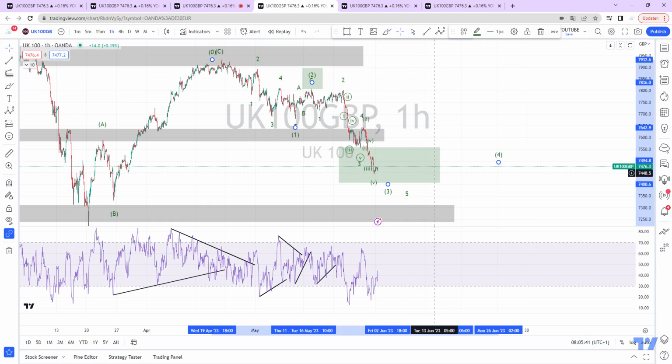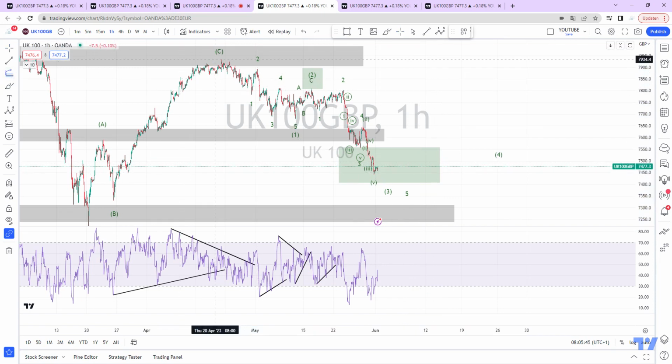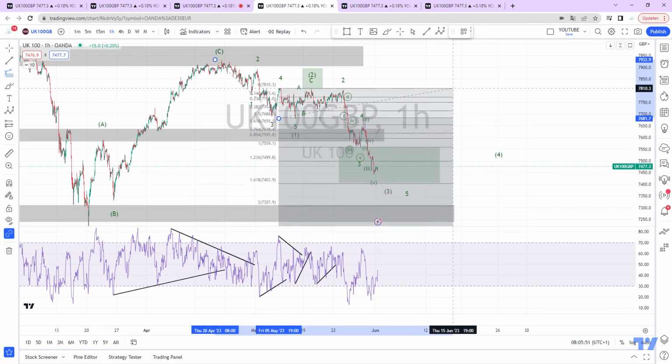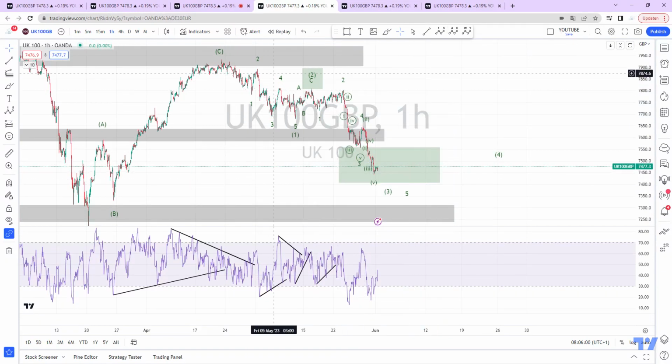This is the area where we should expect a reaction. So this is the area from your wave 1 and your wave 2. You see the 1 and the 1.618 Fib extension. So this can be a wave 3 for now, but this can also be an ABC for now.